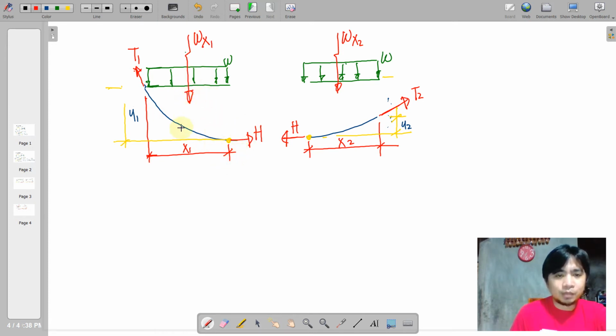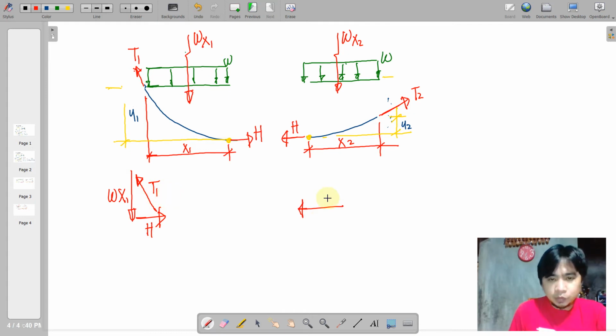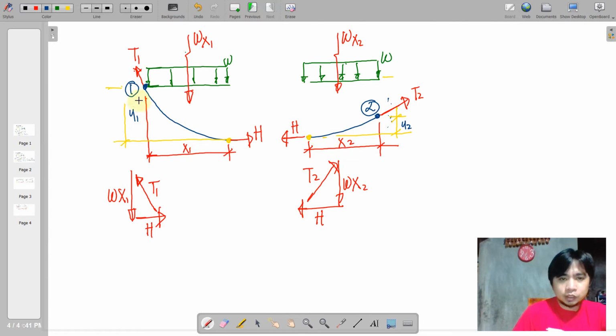So we'll just have to apply our force triangle, where we have the vertical distributed load, the horizontal cable reaction at the lowest point H, and it will be closed by T1. Similarly, we have H horizontal, this vertical force, and the tension at point 2, which closes to a right triangle. Say this is point 1 and that is point 2.